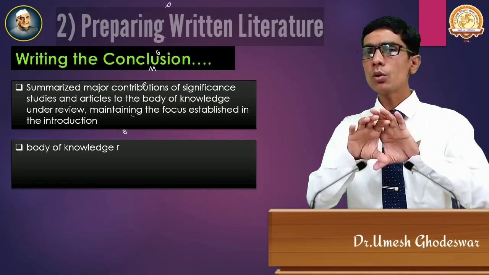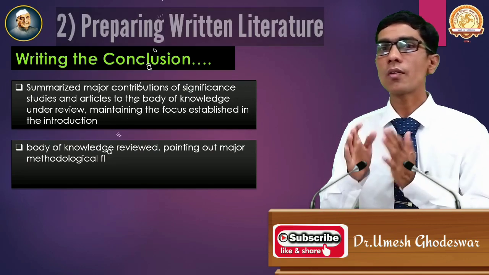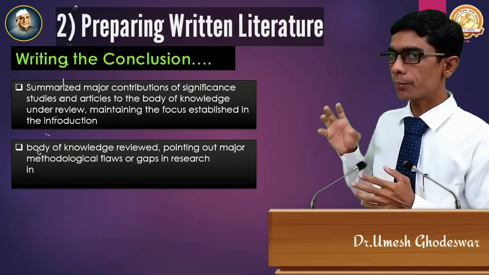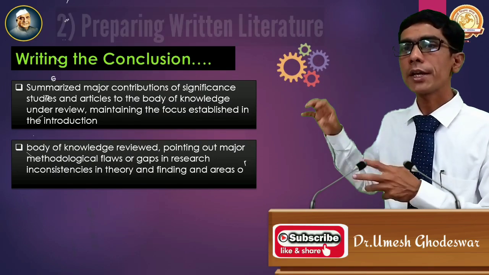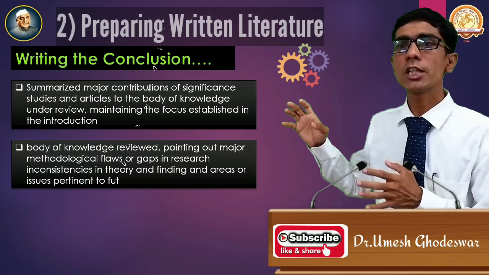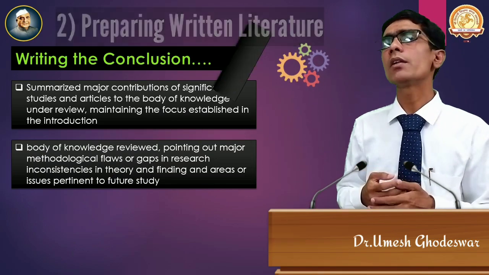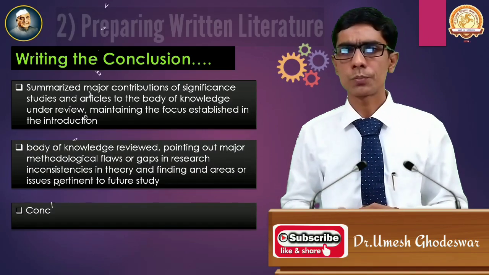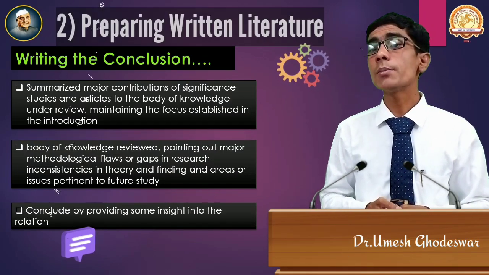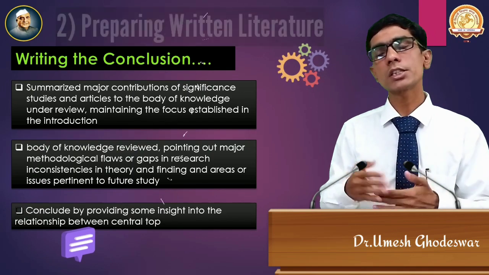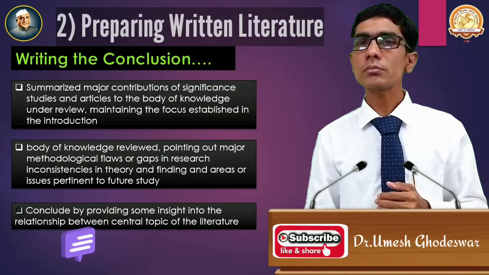Then, evaluate the current state of the art for the body of knowledge, pointing out any methodological problems or any types of gaps in the research. Then point out pertinent questions for future study also. And last, conclude by providing some insight into the relationship between the central topic and the literature.